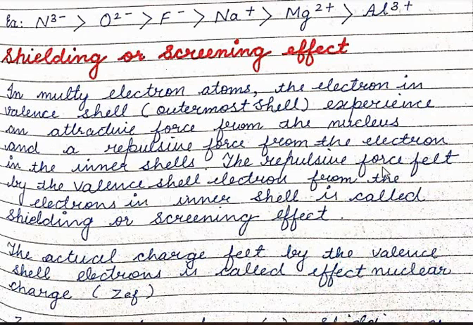The repulsive force felt by the valence shell from electrons in the inner shell is called the shielding or screening effect.